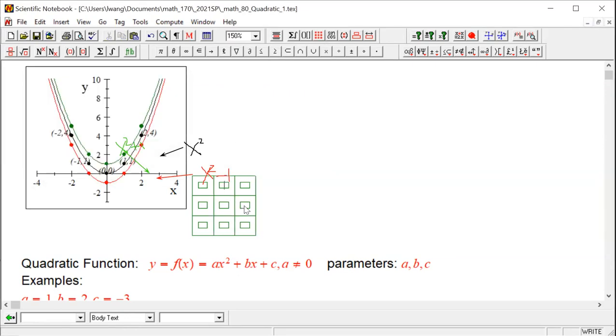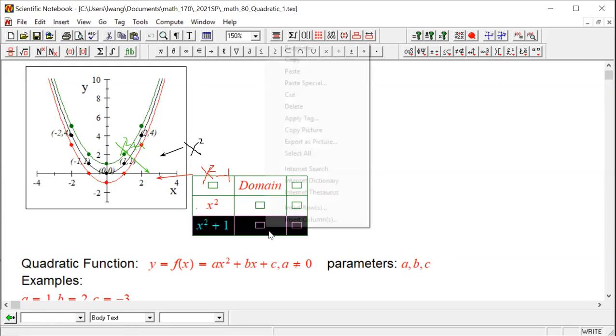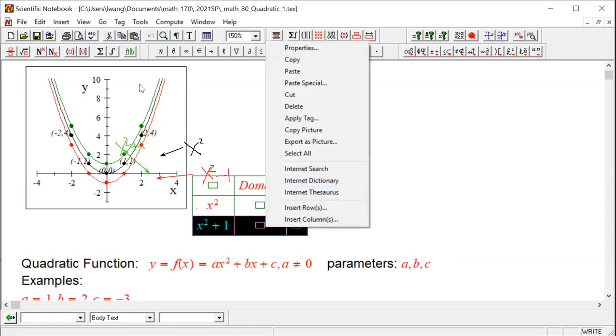Okay, domain, all the same, whether we have x squared, x squared plus 1, and the next column is adding a row.